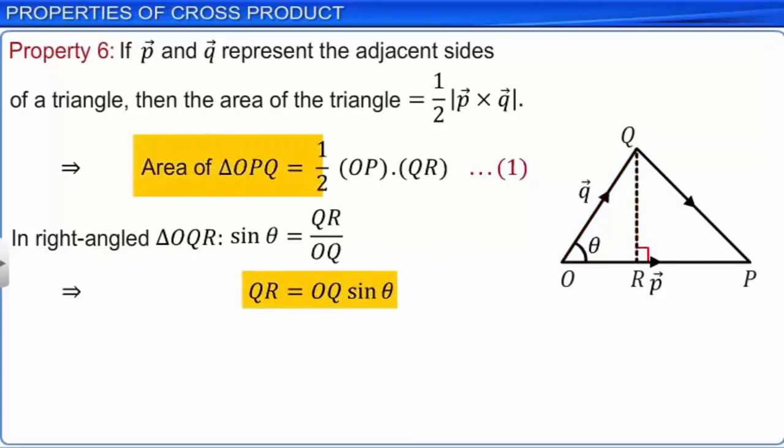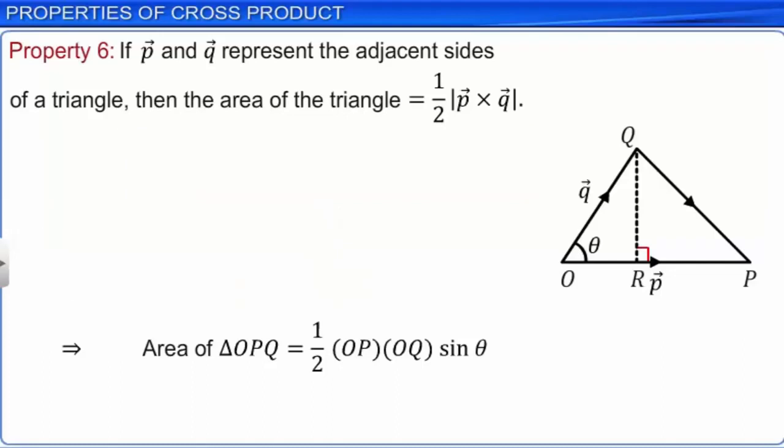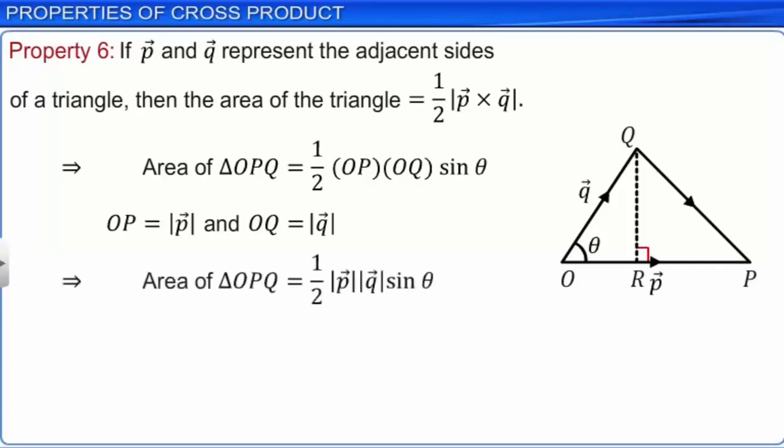Now, OP is equal to magnitude of vector P and OQ is equal to the magnitude of vector Q. This implies that the area of triangle OPQ is equal to half of the product of the magnitudes of vectors P and Q and sine theta.